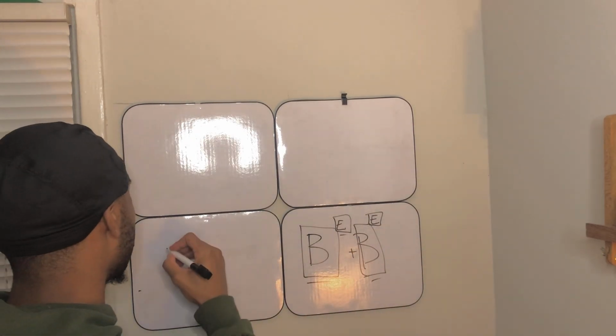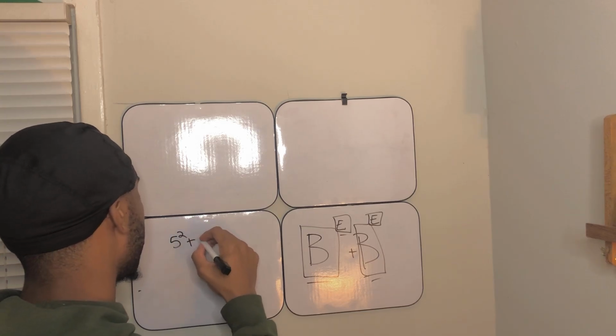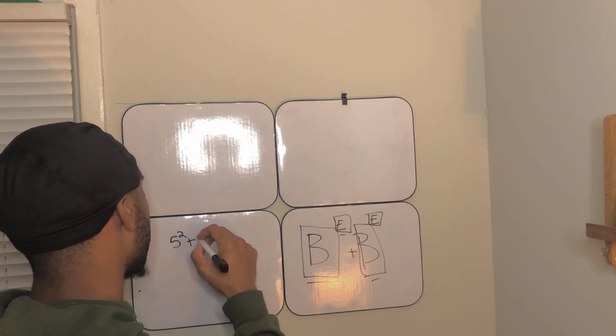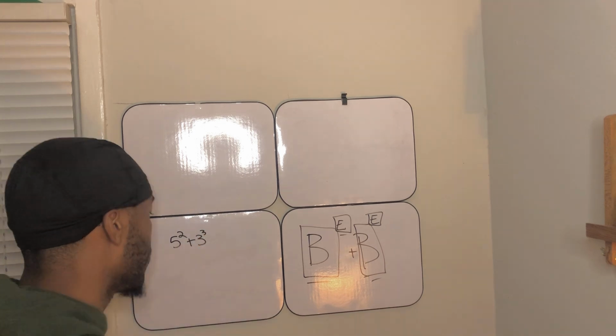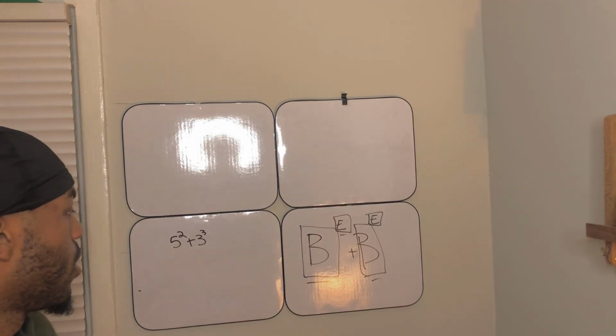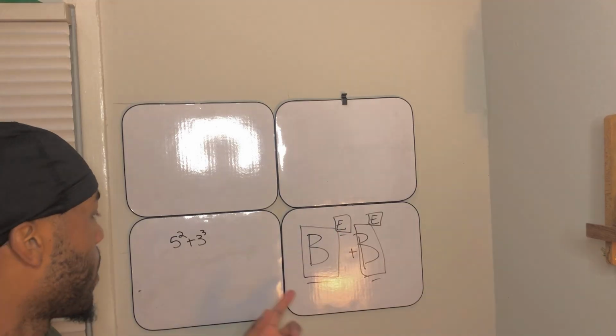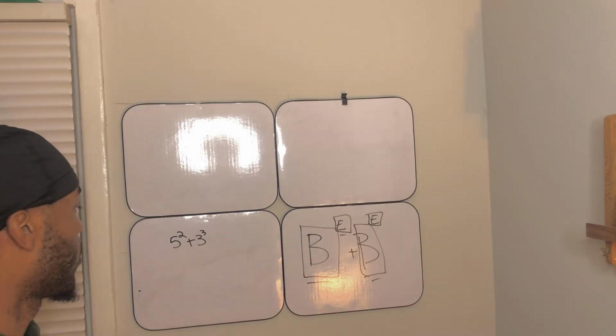Let's say we got something like 5 squared plus 3 cubed. First question you're going to ask is if the bases are the same. The bases are not the same.